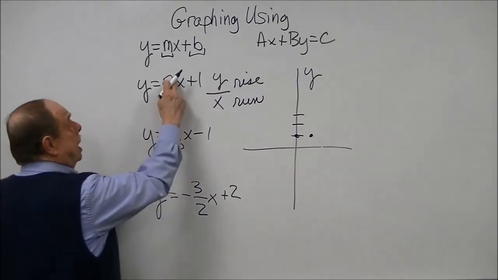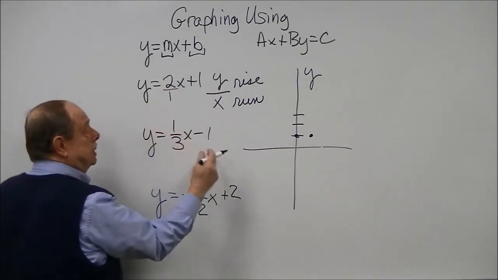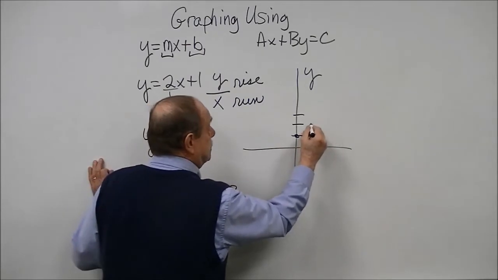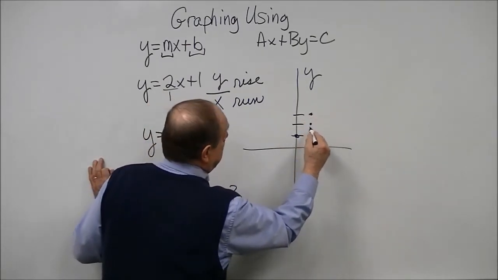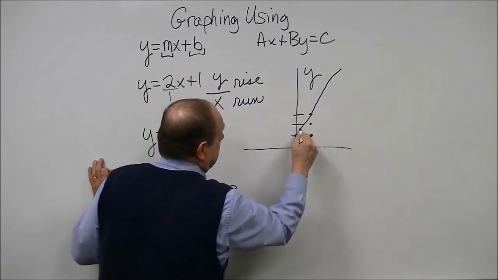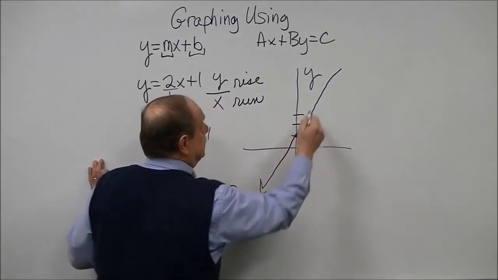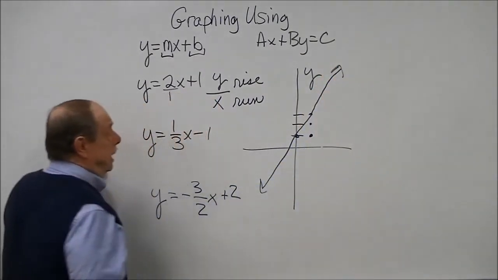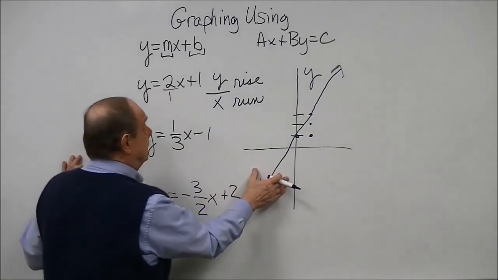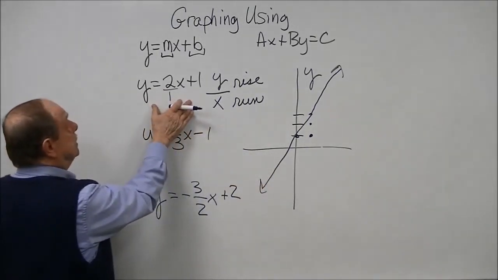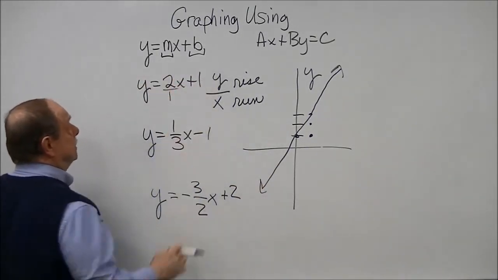And then the rise is 2, so from this position you go up 2, and then you carefully sketch your line. And this then is the graph of this particular equation in slope-intercept form.